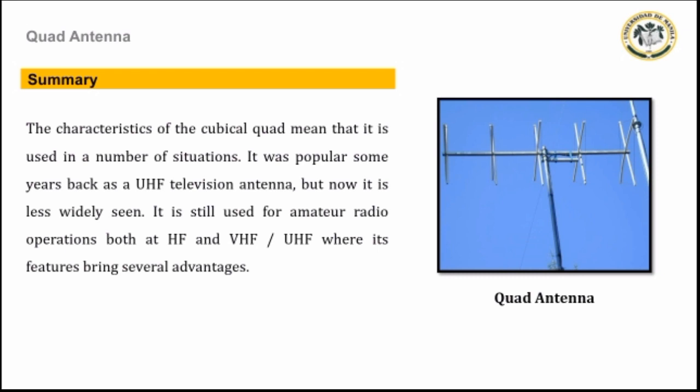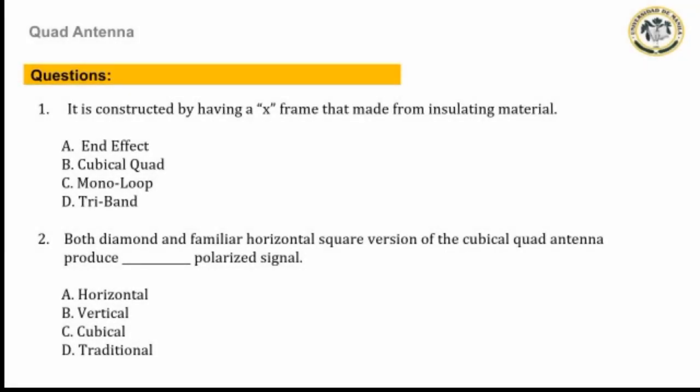It was popular some years back as a UHF television antenna, but now it is less widely seen. It is still used for amateur radio operation both at HF and VHF or UHF, where its features bring several advantages. Now, before I end this video presentation, I have here a simple 5 multiple choice questions that I've gathered related to my discussion.